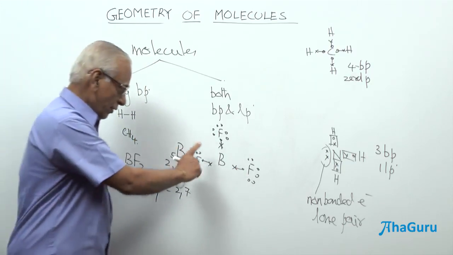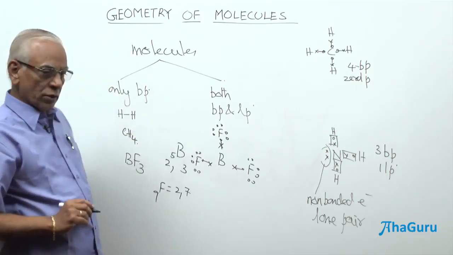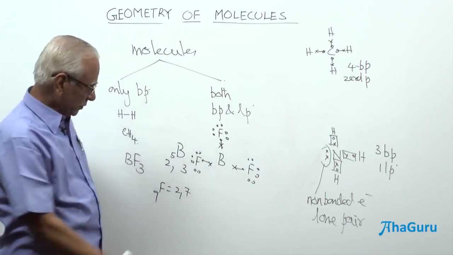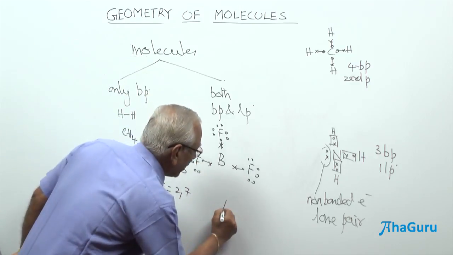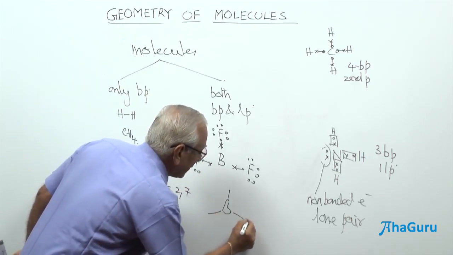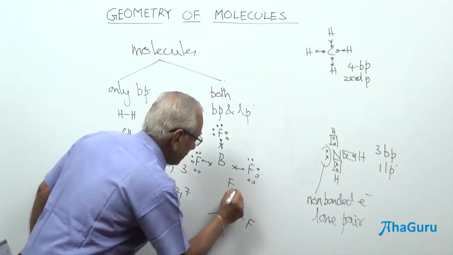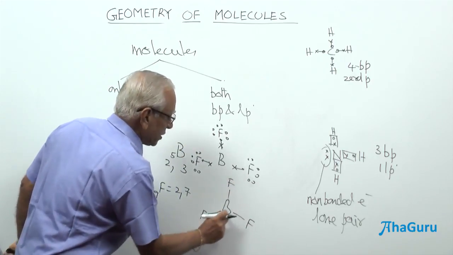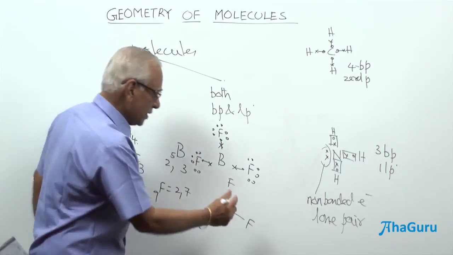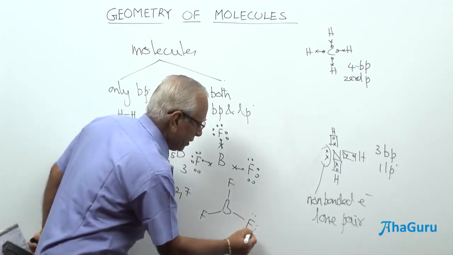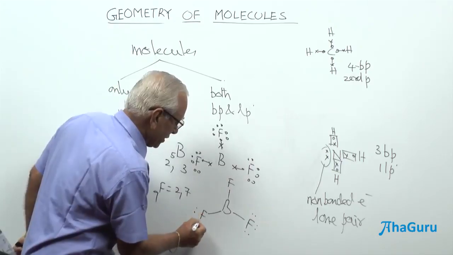Now I can ask you a question: does boron have a lone pair or not in boron trifluoride? Around the central atom, there is no lone pair, whereas each fluorine atom has got 3 lone pairs.